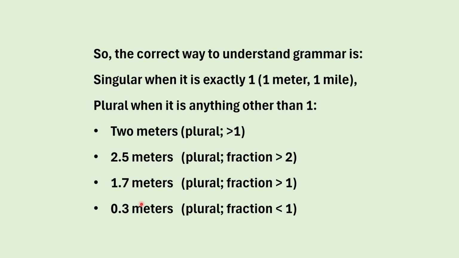So 0.3, less than 1, still meters, plural. 1.7, it is less than 2, but still plural, meters. 2.5, meters. Only when it is exactly 1, we say meter. So we redefine: singular means exactly 1, and plural is anything other than 1, less than 1, more than 1, anything other than 1.